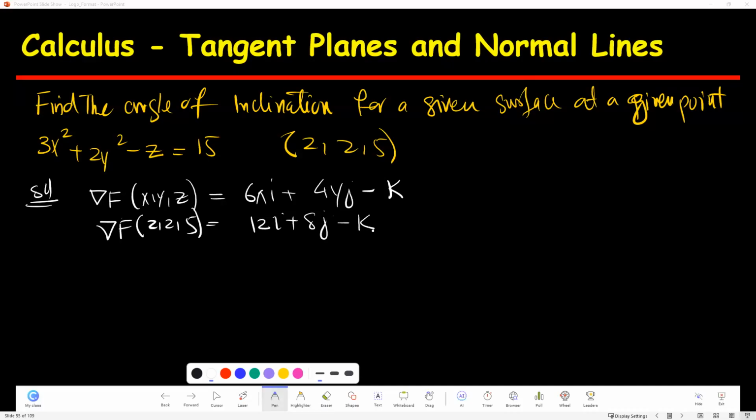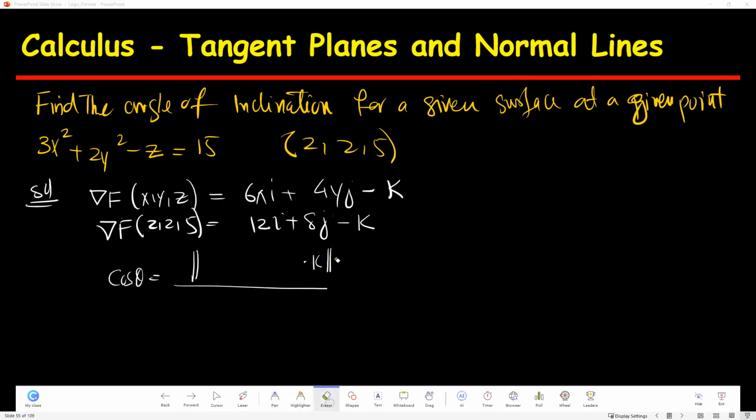Minus k. Now I'm going to substitute in the formula: cos theta equals the gradient times k, so I'm going to write k here, and I should be making only one bar because this is the dot product.